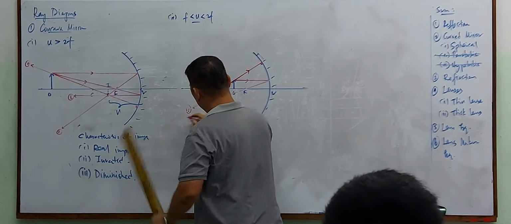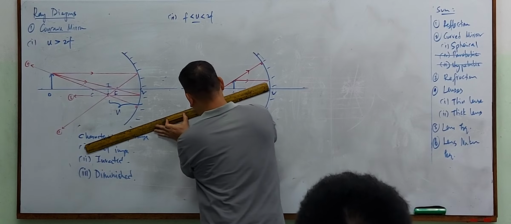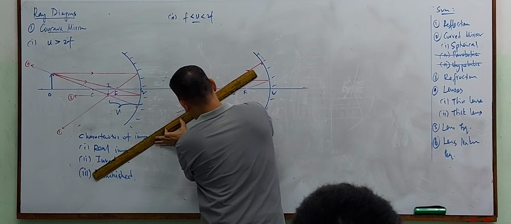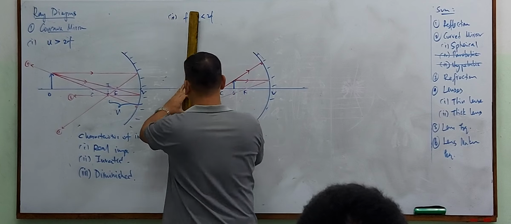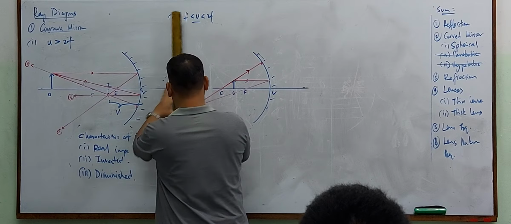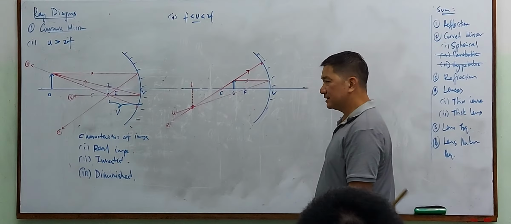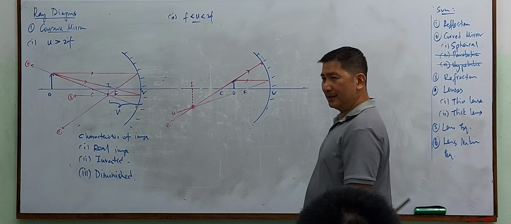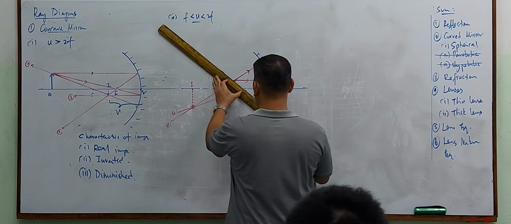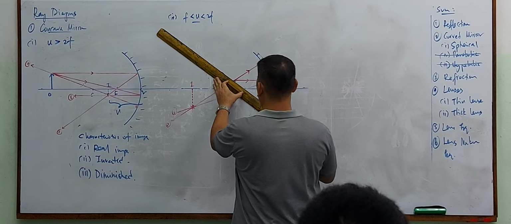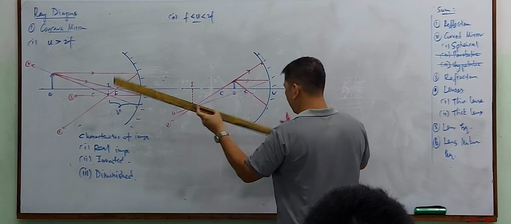So that is our second one, and this is our first one. So now we know this is actually the location of our image I. And we are still worried whether we can get the same intersection point for line number 3. This one here. So here. That is the line.